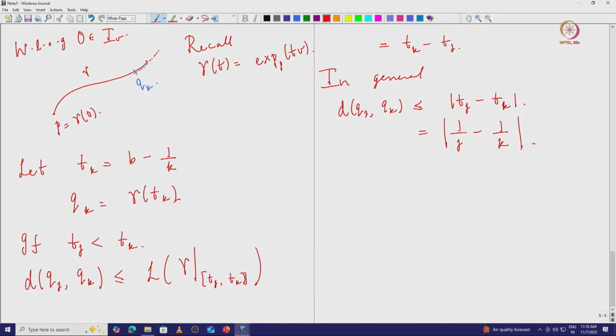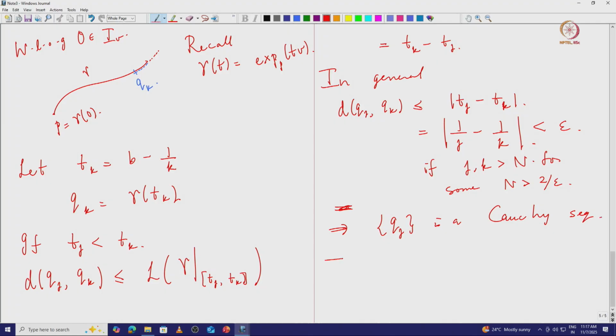Okay. So clearly this can be made smaller than epsilon if j, k are bigger than some n. Okay, you can for instance choose any n which is bigger than 2 by epsilon or something. Okay, so this implies that Qj is a Cauchy sequence.